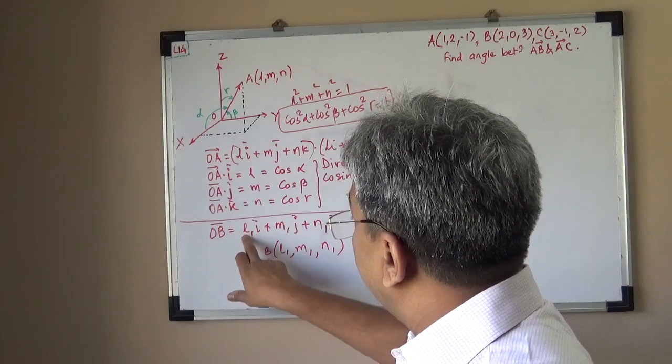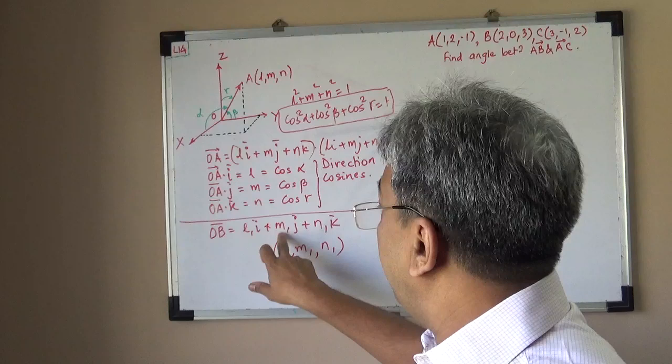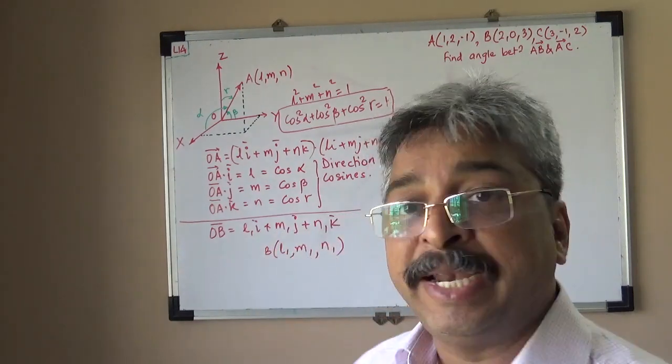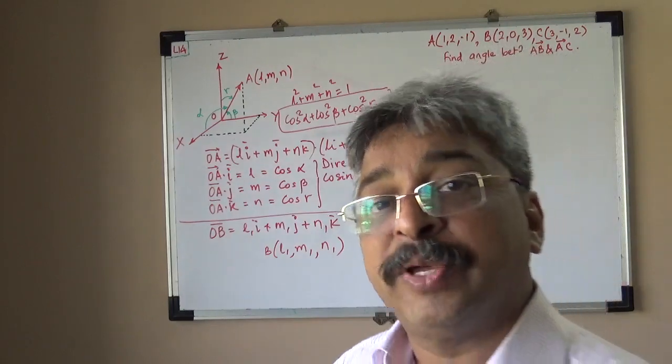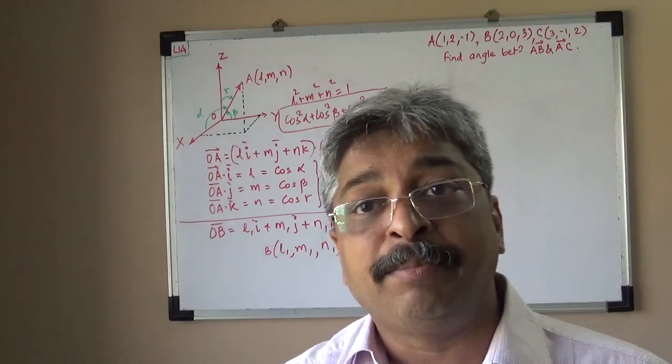Therefore L1 upon radical L square plus M square plus N square, M1 upon radical L square plus M square plus N square, and N1 upon radical L square plus M square plus N square. That is going to be something similar to L, M, N.